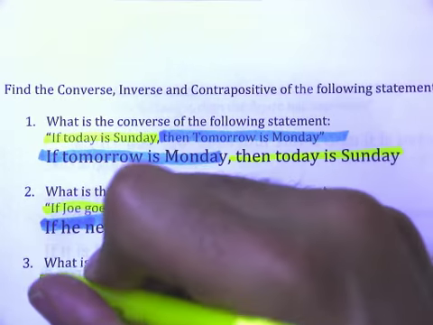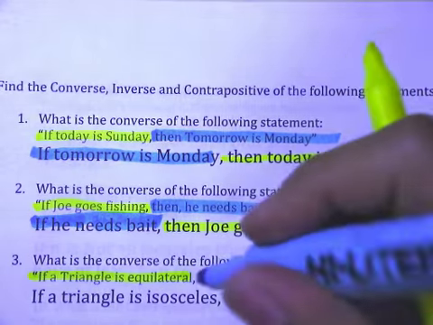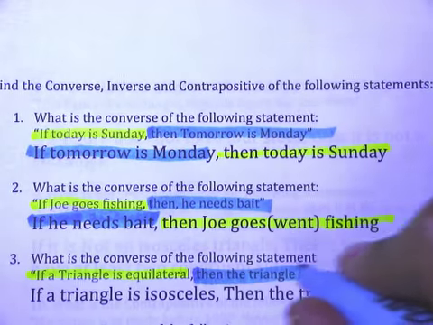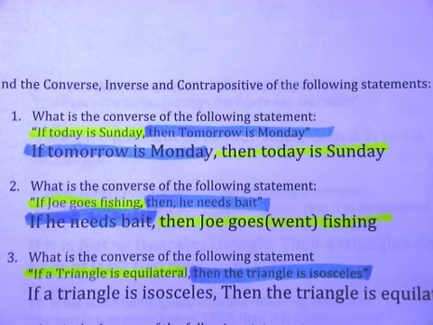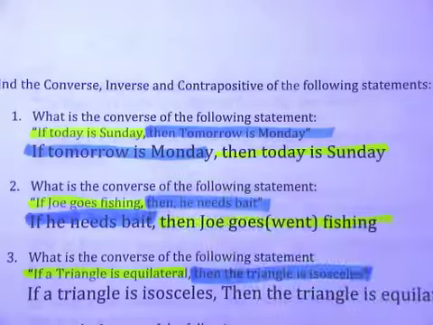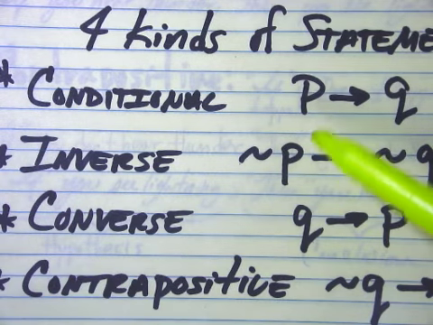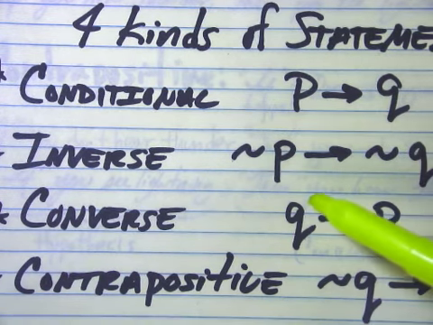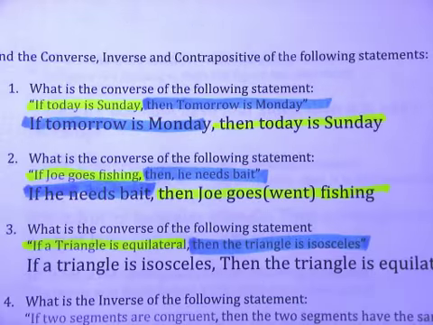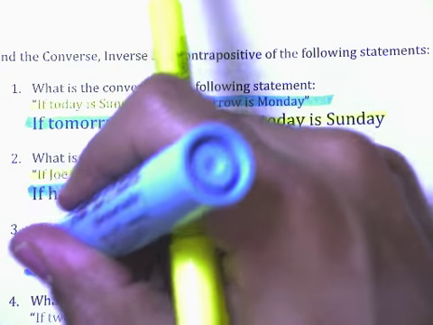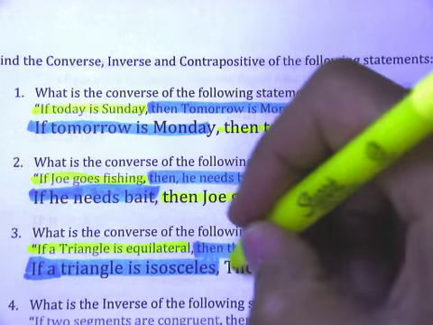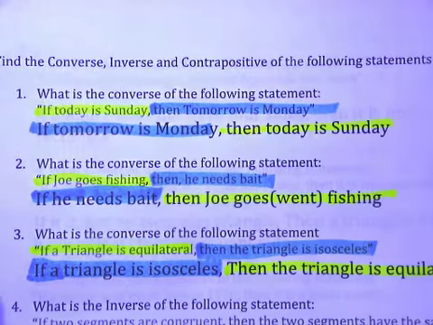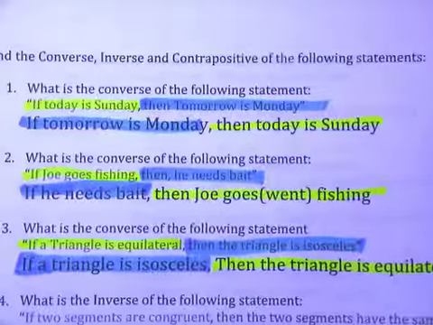Number three, what is the converse of the following statement? If a triangle is equilateral, then the triangle is isosceles. Well, this is my P, this is my Q. Remember, if the conditional is always P to Q, the converse is the switching, so it's Q to P. So my answer is going to be, if a triangle is isosceles, then a triangle is equilateral.